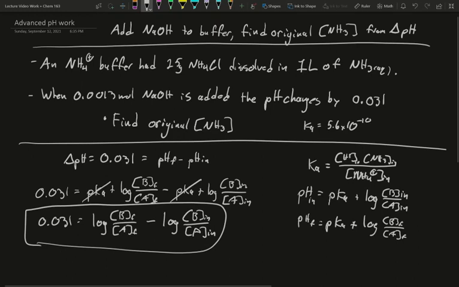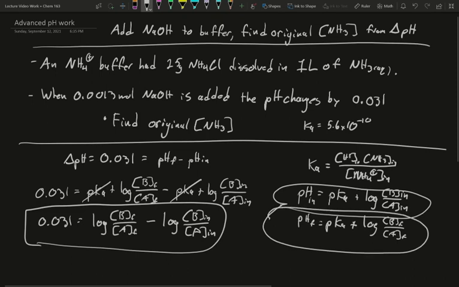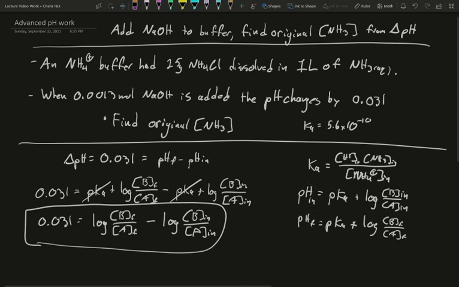So we can think about these relations to pH for any given mixture, and we can say, hey, our original mixture would give us a pH for the original amounts. Our final mixture would give us a pH for the final amounts. Subtracting those two is going to give us the difference in pH. And so for a buffer, our change in pH is equal to the log of the finals minus the log of the initials.